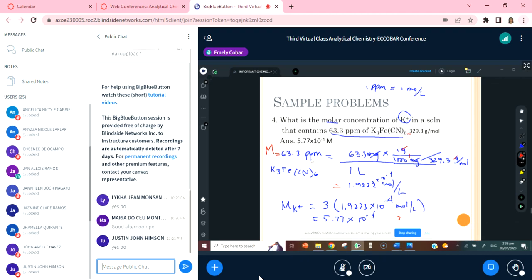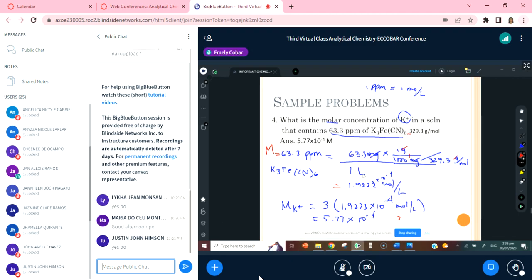Ang ibig sabihin nun ay I have 63.3 milligram in 1 liter. So therefore, 63.3 ppm of potassium ferrocyanide means that 1 liter of this contains 63.3 milligram. So nilagay ko dito sa baba, volume of the solution is 1 liter.